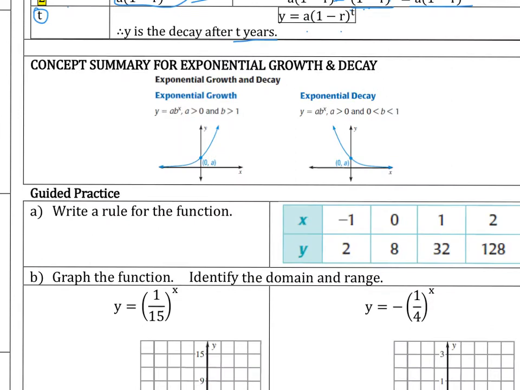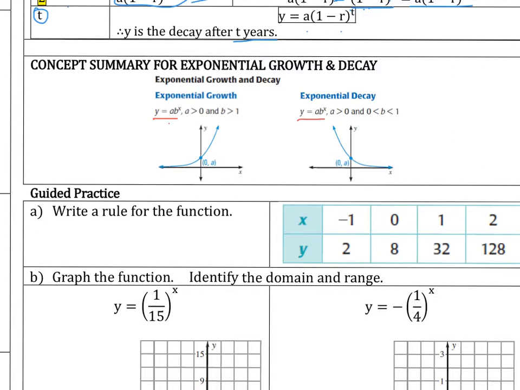Okay, and here's a concept summary for exponential growth and decay. So for exponential growth and decay, we use the same exponential function, y equals a times b to the x power, but there's a different restriction for exponential growth.